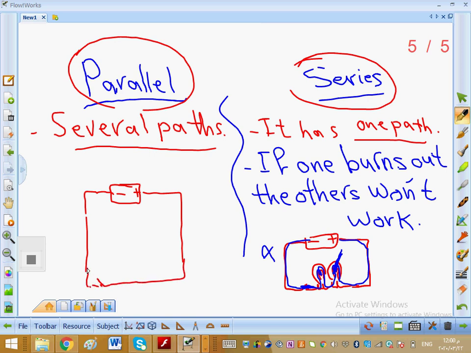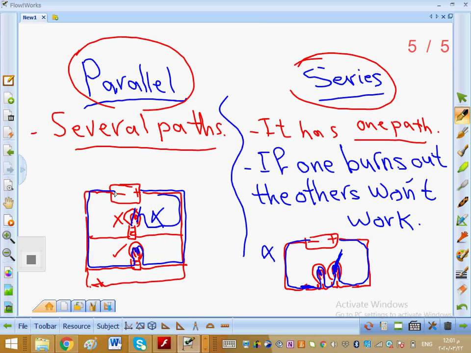Then each light bulb will be connected with positive and with negative. The second one with positive and with negative. So when we close the circuit, if this is not working, means burns out, this will work because nothing will open this branch. So this branch, electricity will stop here because open circuit it will not move. But in this branch, it will move. We have closed circuit here.